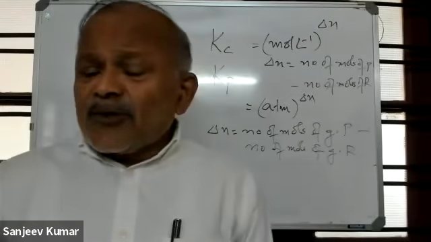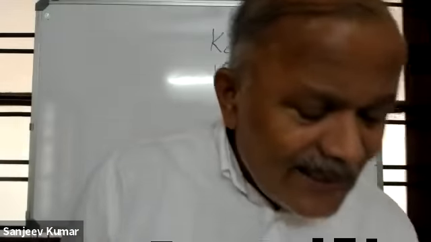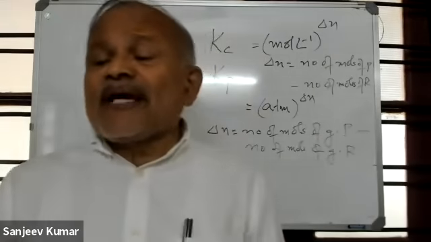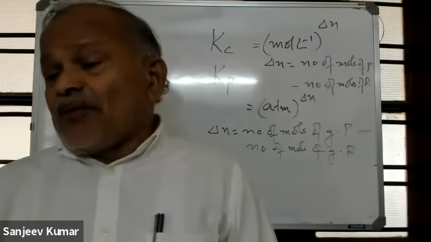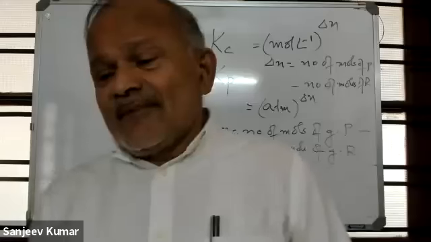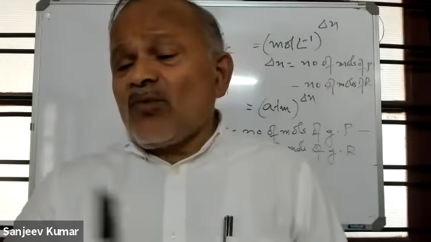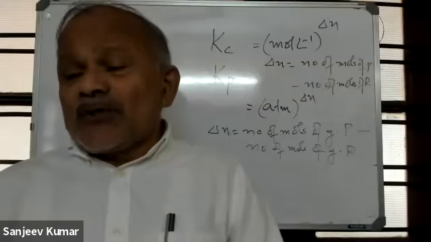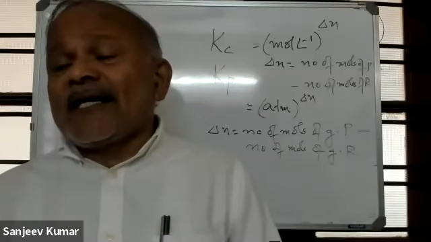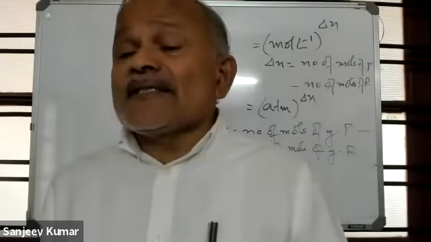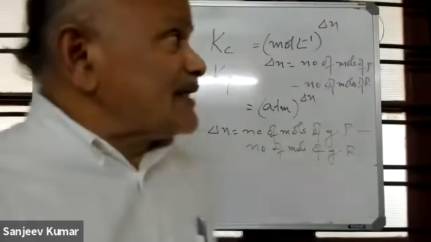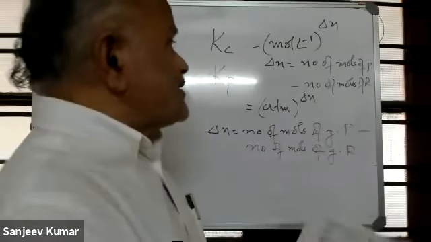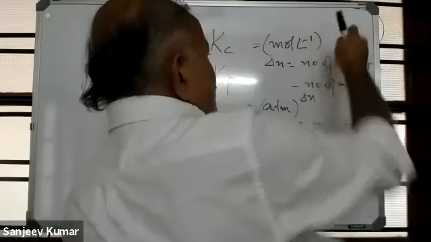And here the question is SO2 plus half O2 give SO3. Number of moles of product is 1. And number of moles of reactants are 1 plus half, 1.5. Therefore delta n is equal to 1 minus 1.5, which is equal to minus half. And therefore the unit is mole per liter raised to minus half.